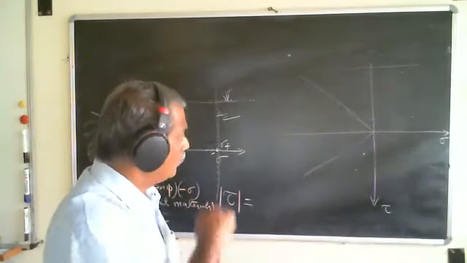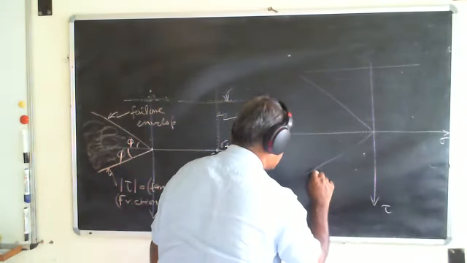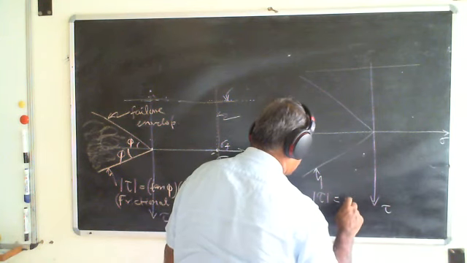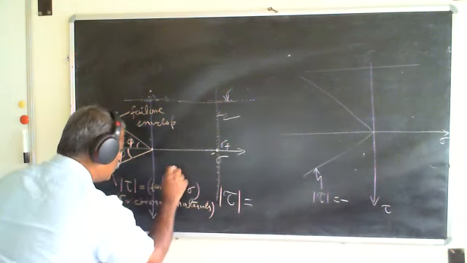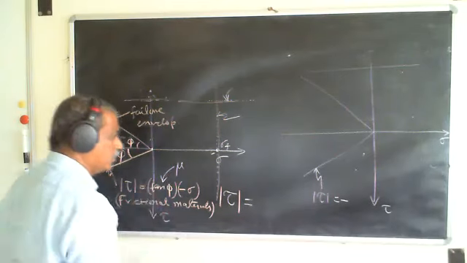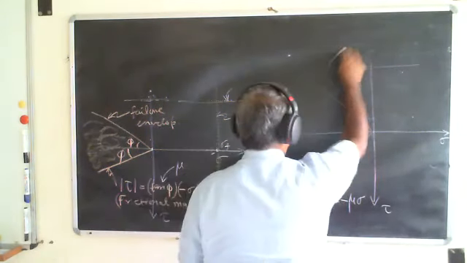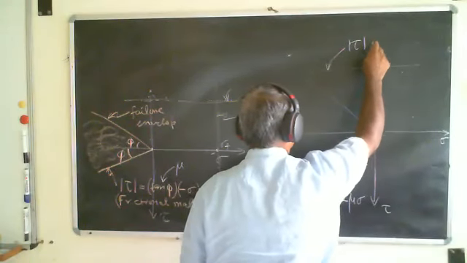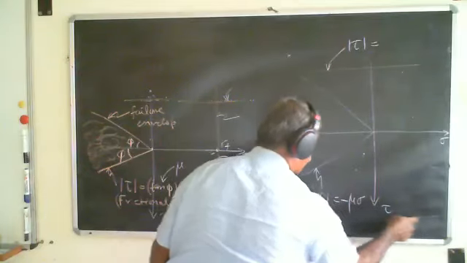Now, this is an equation which says tau is equal to minus mu sigma, where mu is the coefficient of friction. Remember, I'm using the absolute value here because there could be one more line over here.